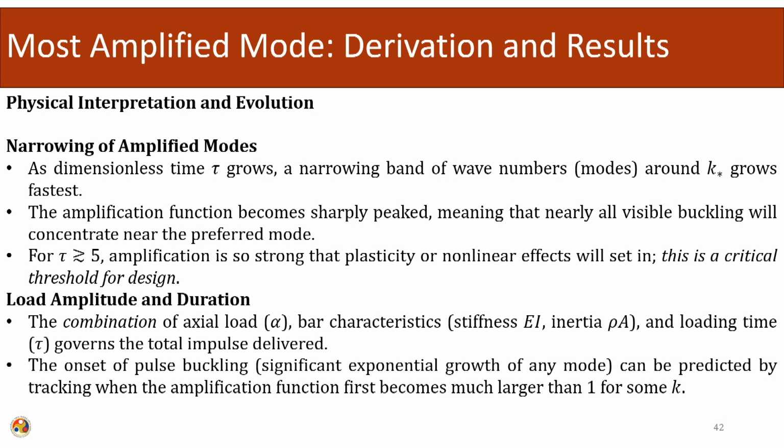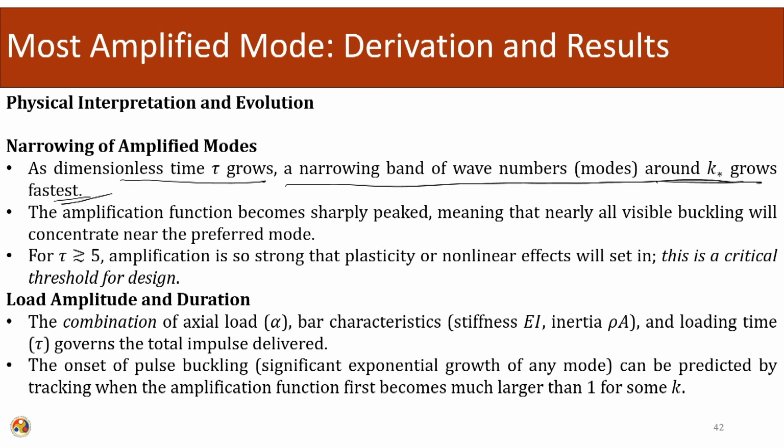So, the physical interpretation and the evolution: narrowing of the amplitude modes. As the dimensionless time grows, a narrowing band of wave number modes around k star grows fastest. The amplification function becomes sharply peaked, meaning that nearly all visible buckling will concentrate near the preferred mode.